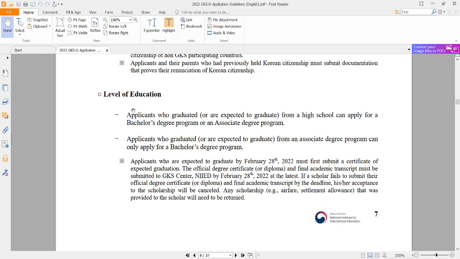If you are in class 11, you can apply only if by next year, February 28, you will be getting your degree, which I think is not possible. If you are currently in class 12, you can apply because by next year you will be getting your degree, that is your class 12 mark sheet and certificate.